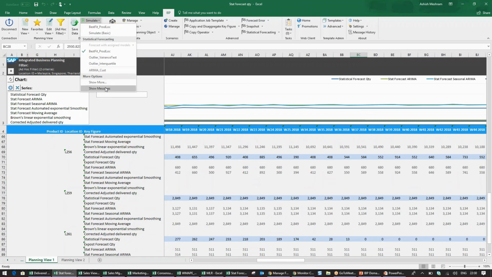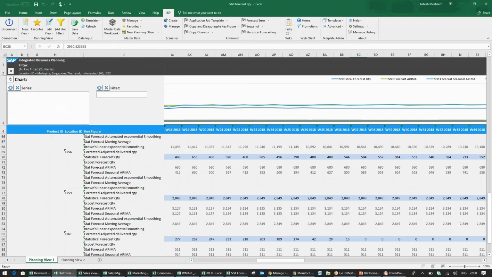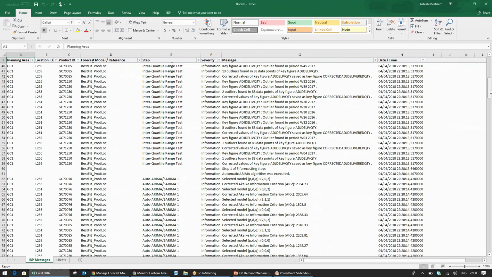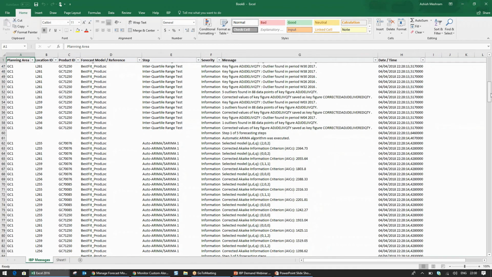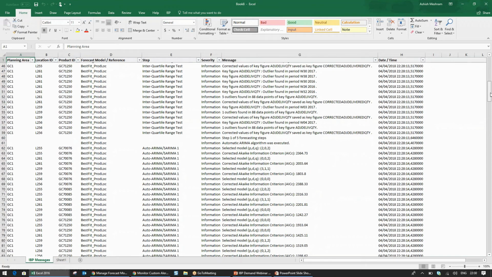We can see the log to check what was the MAP for each of these models, and here we can see that the lowest MAP is selected as the best fit algorithm for that particular product location combination.